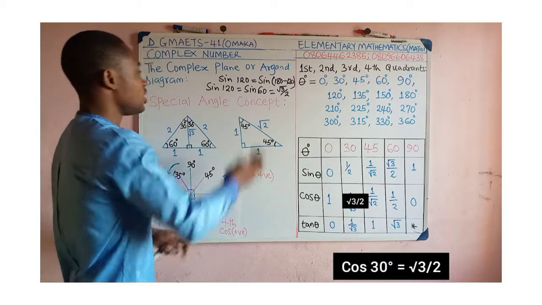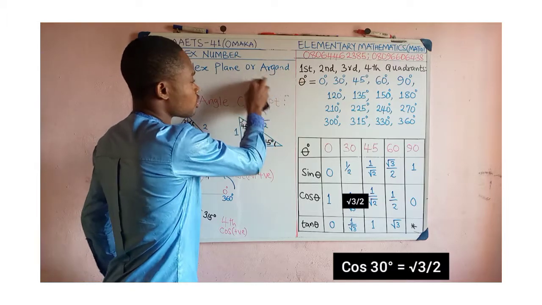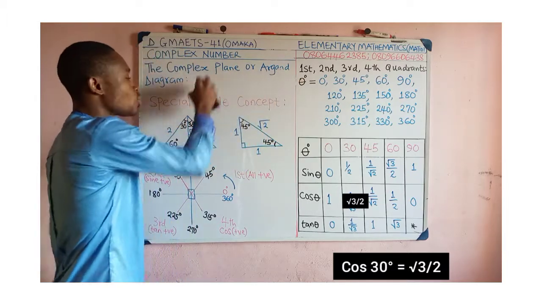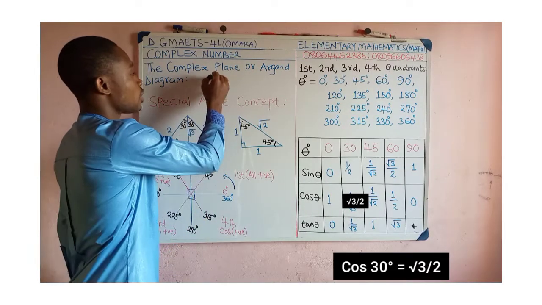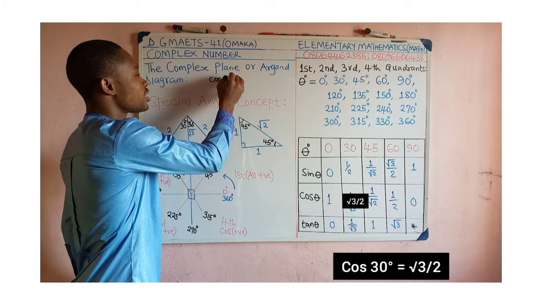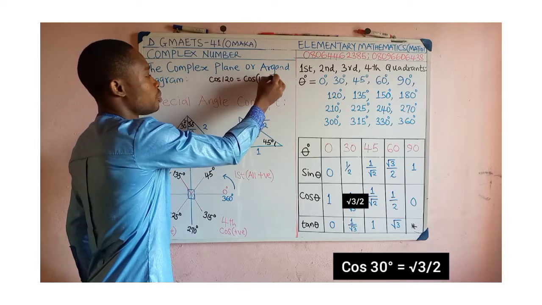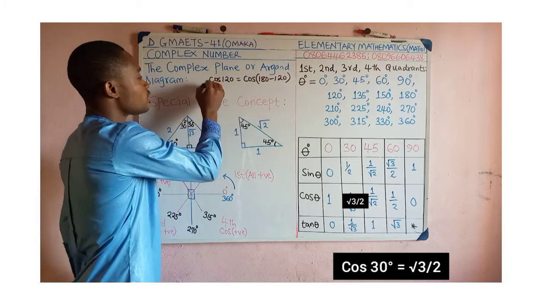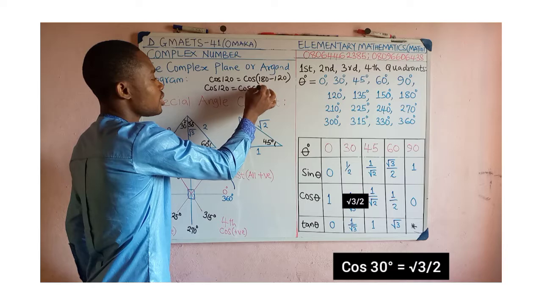Alright, now we are done with this. Can we obtain the value of cos 120 now? Cos 120 and tan 120. We have seen that of sine 120. So let's go. Cos 120 will now be equivalent to cos, remember you're subjecting it to the power of 180 degrees, which means that cos 120 will be equal to cos 60 degrees.